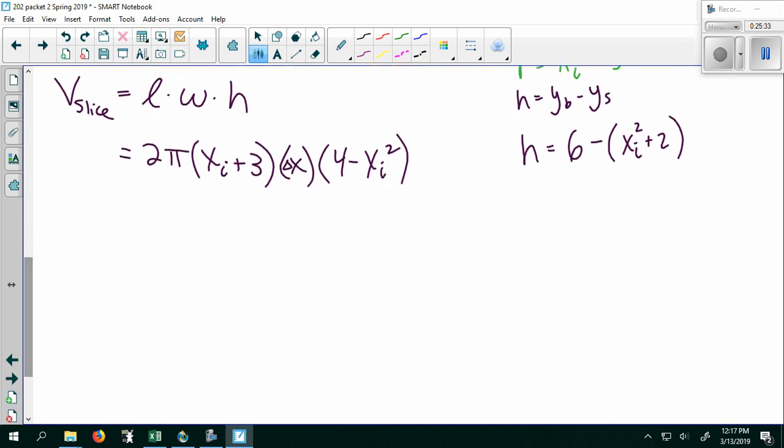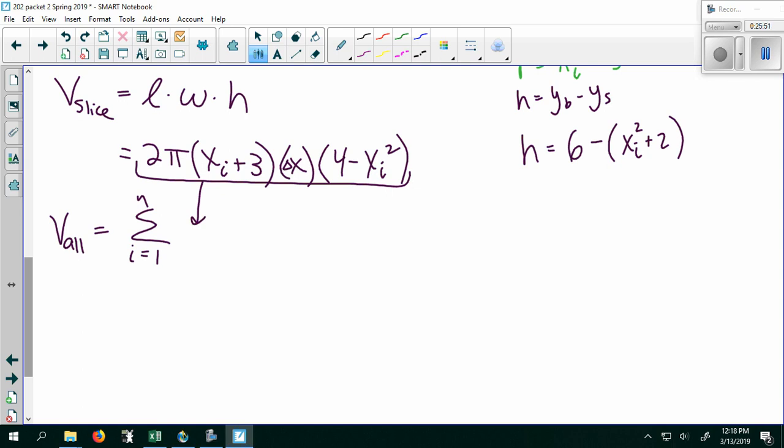Now that I have the volume of a single slice, all I have to do is add up n of them, take the limit as n goes to infinity. So the volume of all the slices is the sum from i equals 1 to n of that, where each slice has that volume.